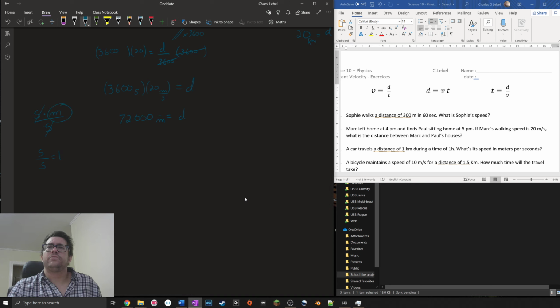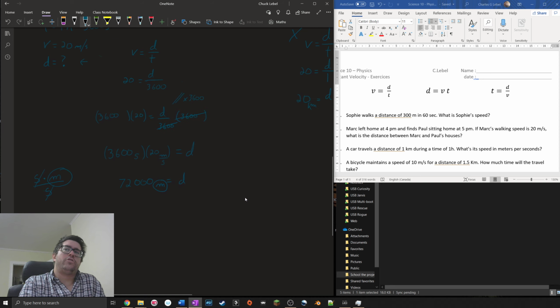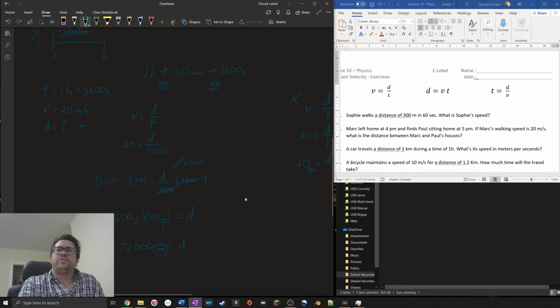See, the same meters. So we could have kept all of our units in there. It's just a lot more work. I don't think you need to do that. Start by making sure that this part is respecting of the SI system.